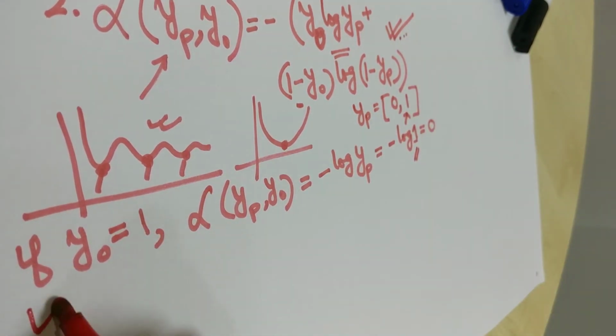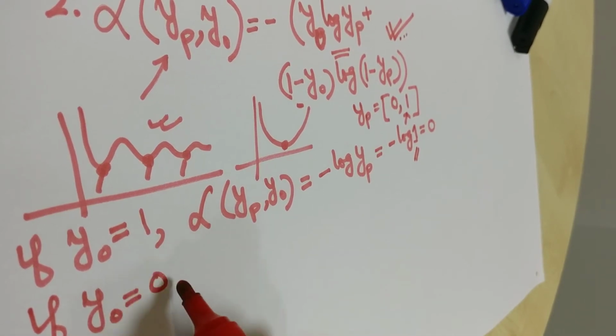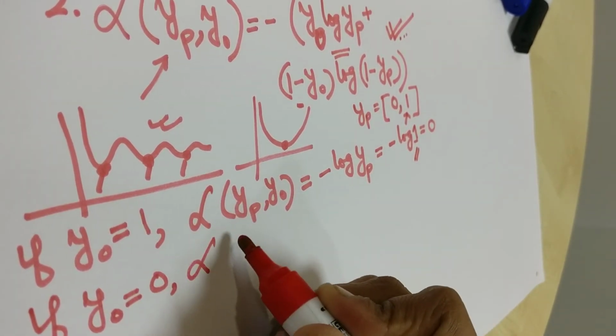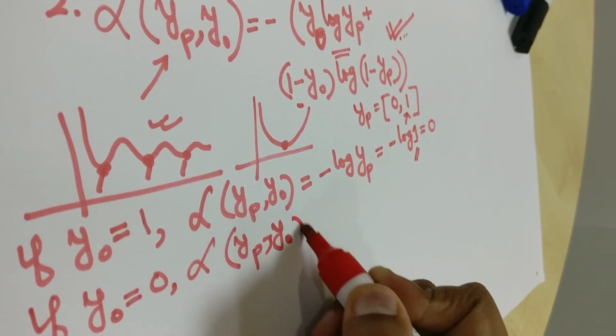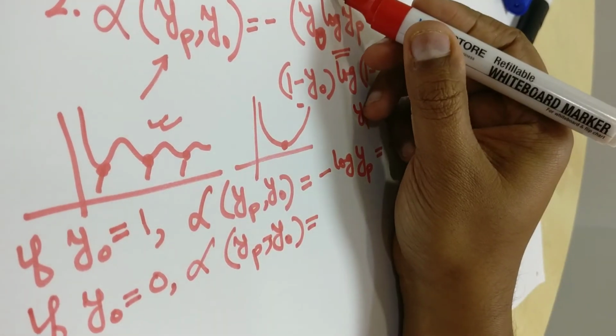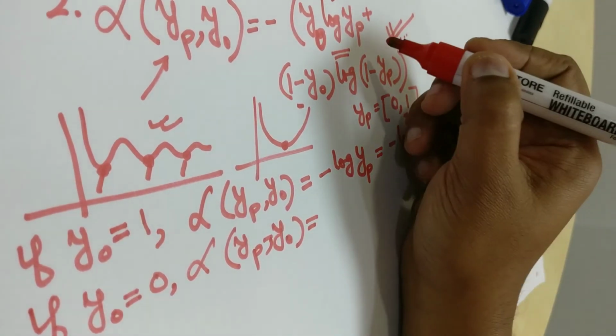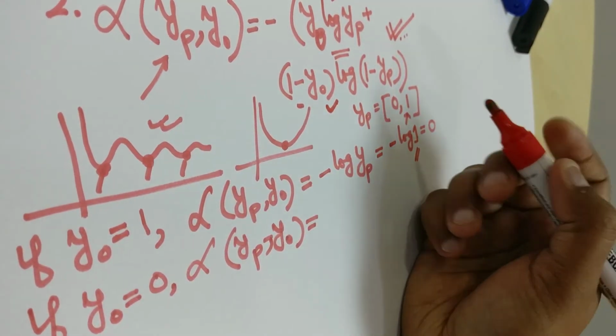What about the second condition? What if y original is actually 0? So in this case, this term goes to 0, right? And this term stays in there.